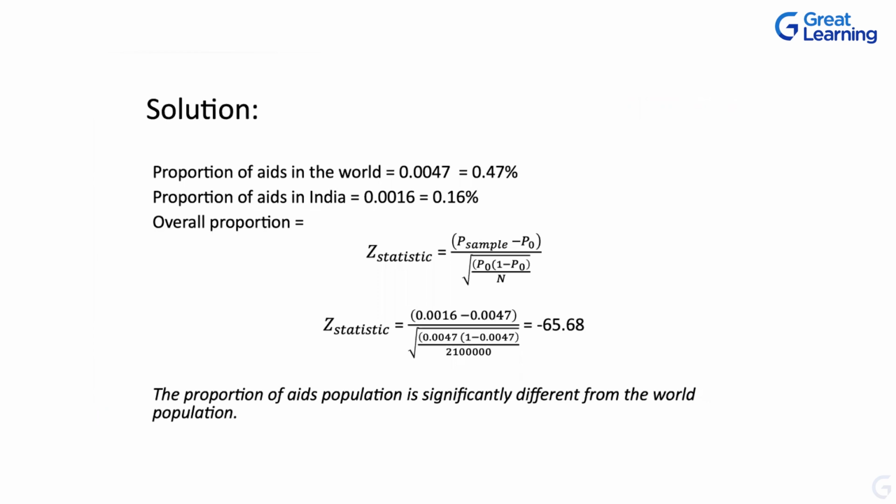The only piece is, let's say they are comparing between the world, which has the population parameters, and India. And let's say tomorrow you compare India against China and you have China's numbers. How do you do that? There is a slightly different formula. Basically, you take the proportion of India minus the proportion of China, divided by the square root of proportion of India times (1 minus proportion of India) divided by India's sample size, plus proportion of China times (1 minus proportion of China) divided by China's sample size.